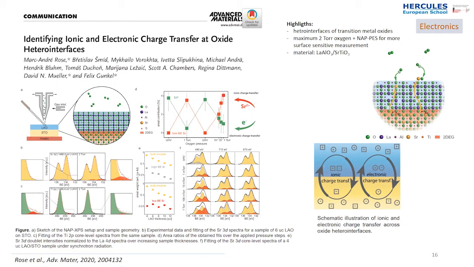This is broad work that combined the near ambient pressure in our facility together with the near ambient pressure at a synchrotron facility. The goal was to understand the nature of charge transfer on oxide interfaces or heterostructures. And it was found that the ionic charge transfer plays a crucial role and can actually influence the electron charge transfer as well.